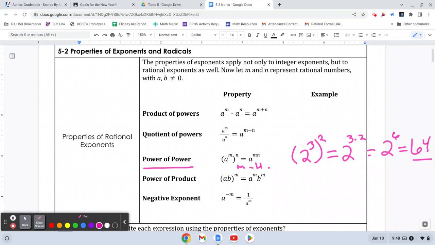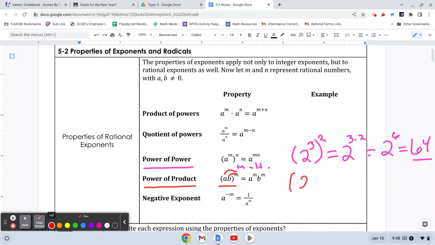All right, and then we have the power of a product. This is just when you have some variables or constants inside parentheses all raised to the same power. So here we have a times b in parentheses raised to the m power. This basically means you distribute that exponent to both of those variables. So we get a to the m, b to the m.